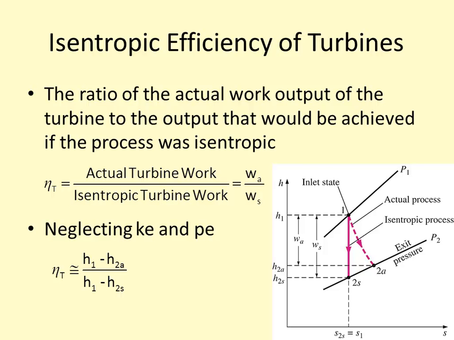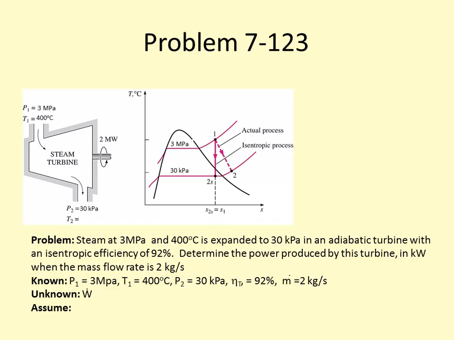Okay, so let's do an example. We have steam at 3 megapascals and 400 Celsius. So it's a superheated vapor here at state 1. And we want to expand it to 30 kilopascals. So this will be our final pressure in both the actual case and the isentropic case. It's an adiabatic turbine with an isentropic efficiency of 92%.